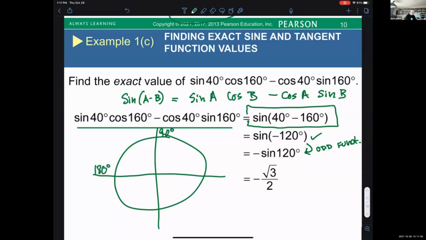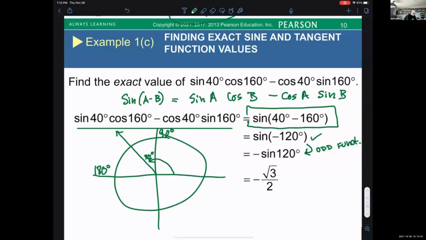And so to get to 120, I'm going to go past the 90 degree part. 90 goes past that to get to 120. And how far past that have I gone? I've gone 30 degrees farther than 90.